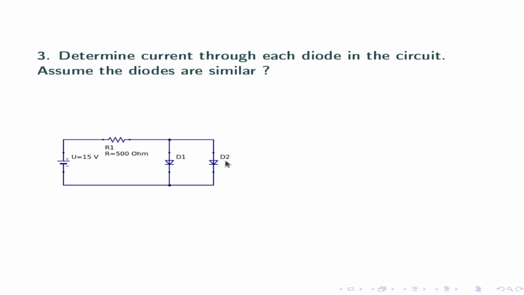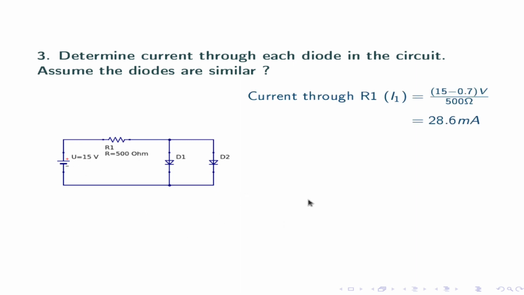Here we want to find the current through each diode, and we are assuming each diode is similar. The series resistor is 500 ohm and supply voltage is 15 volts.